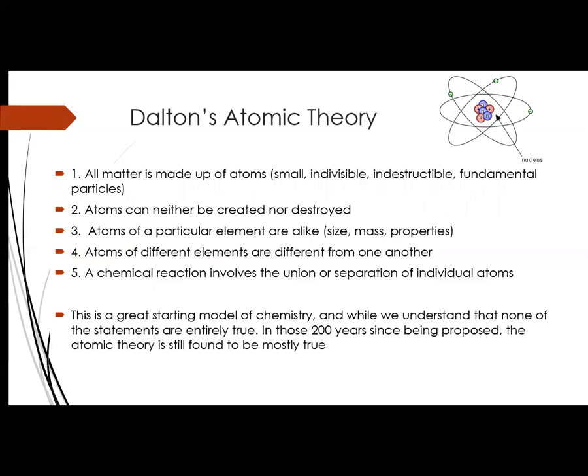Now, this is a really good starting model of chemistry. Over time, our understanding of chemistry has evolved beyond this, and so all of these things are not 100% true anymore. They've been stretched, but it is a good starting point. So we're going to start with this model, even though we might make it more advanced over time, just because it's a good and easy way to begin.